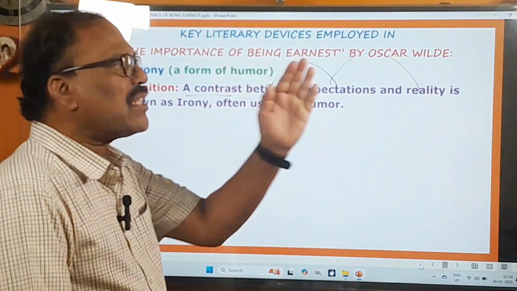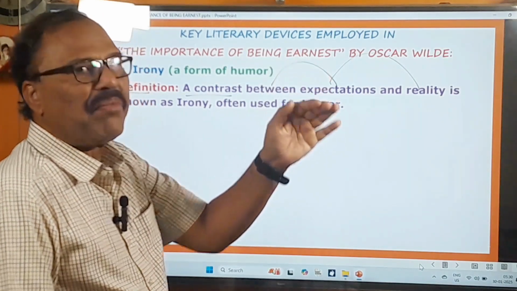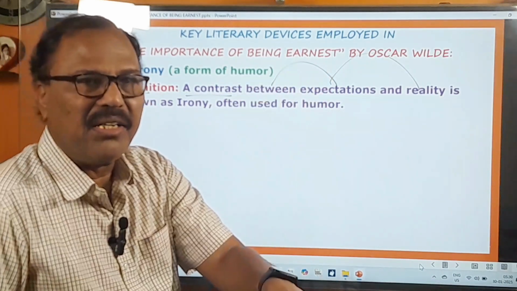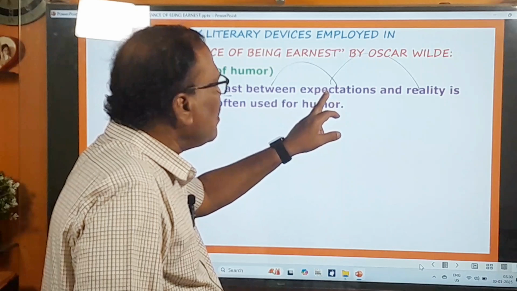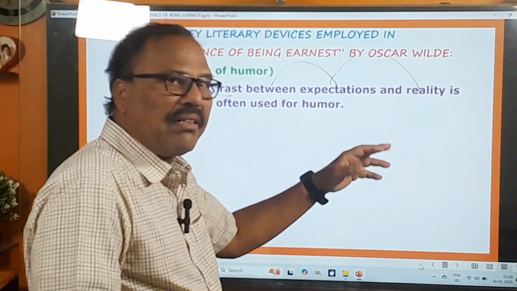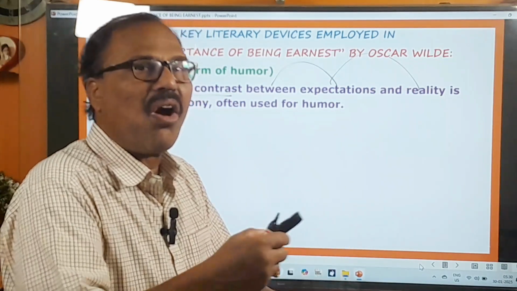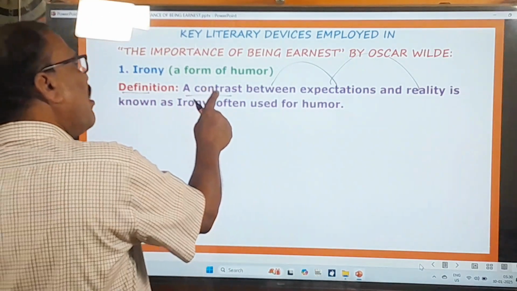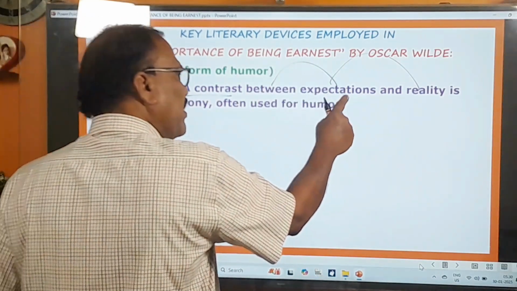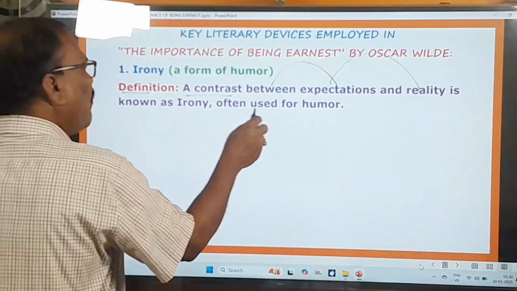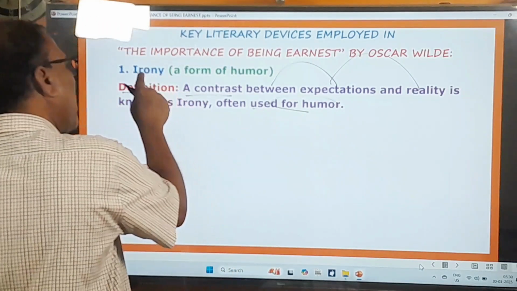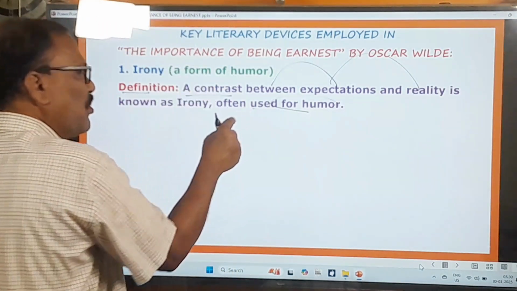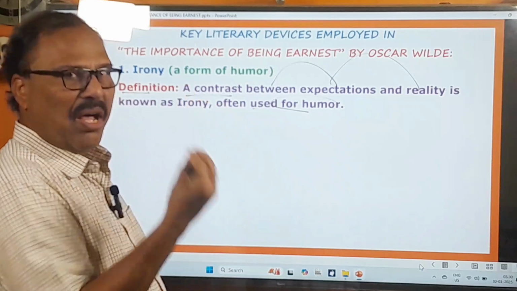Whatever we expect is different from whatever is the reality. Whenever the expectation is different from the reality, some kind of humor originates, isn't it? So it is a contrast between expectations and reality, often used for humor, and this kind of irony is used to generate humor in dramas.